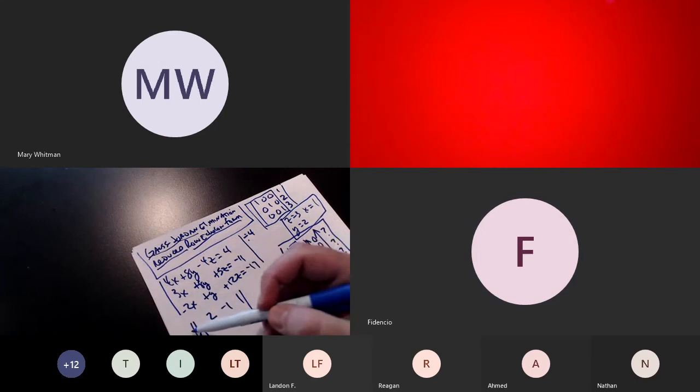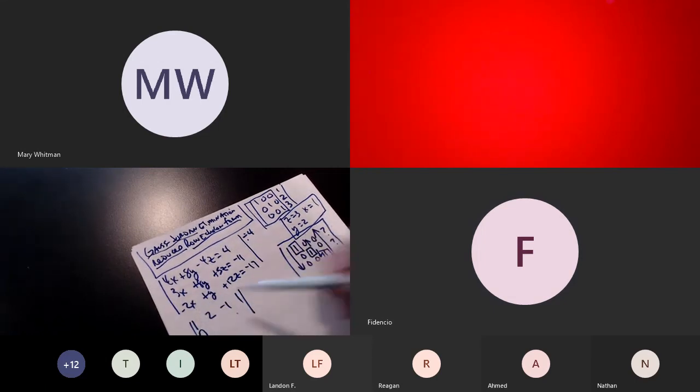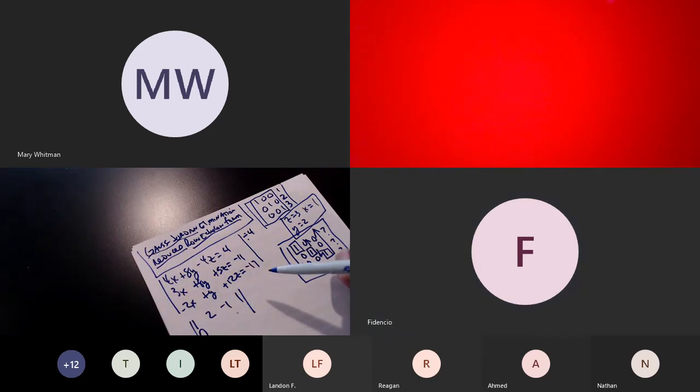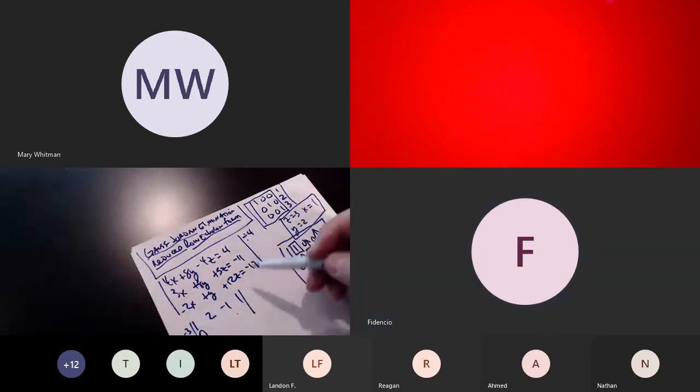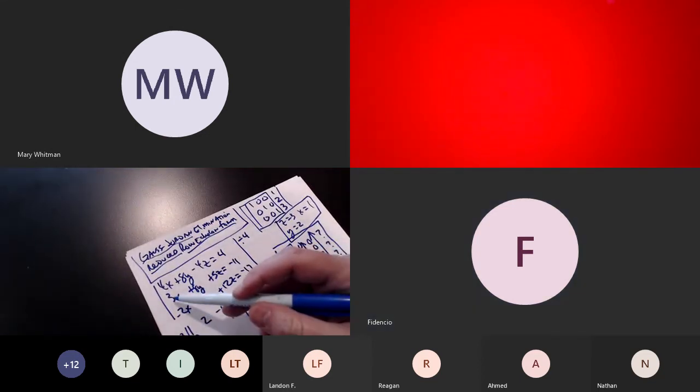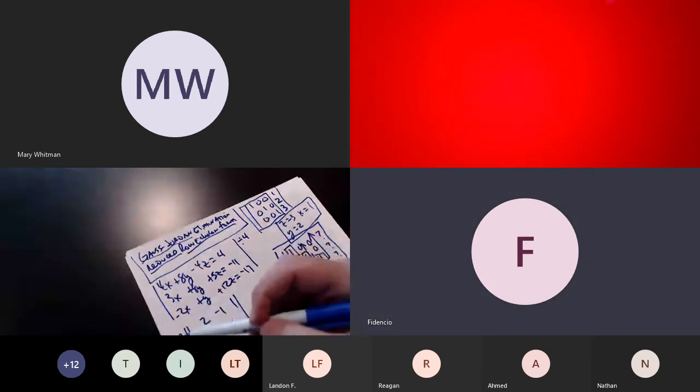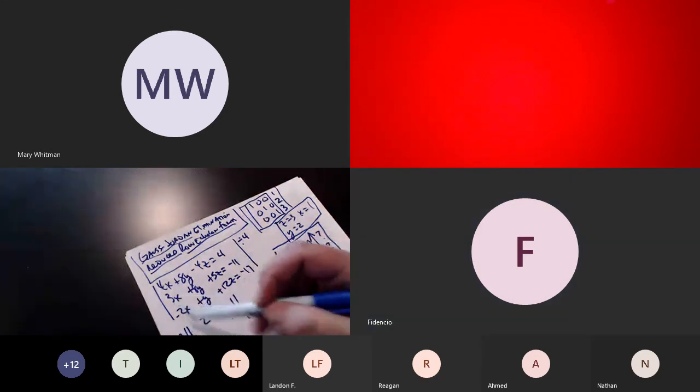Okay? So using this row, how can I turn that 3 into a 0? If I multiplied this by -3 and then added it to row 2, -3 plus 3 is going to be 0.